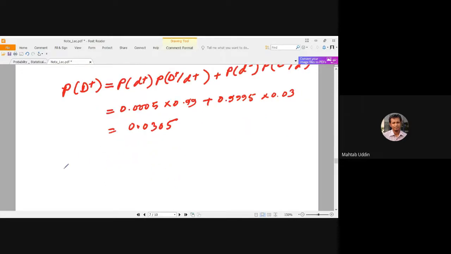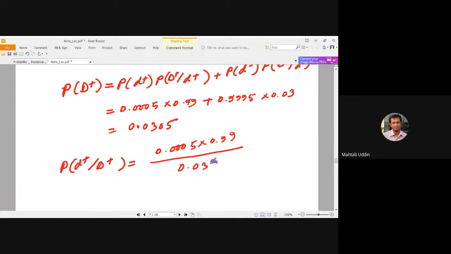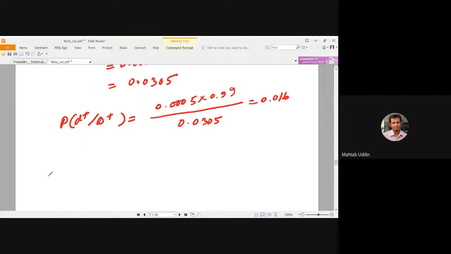Then the probability that if detected, the disease is really present is 0.0005 into 0.99 divided by 0.0305. After calculation we'll get 0.016. And finally, if they want the probability of no disease under detection, you can write simply 1 minus the probability, because it has the same base. So what will happen?